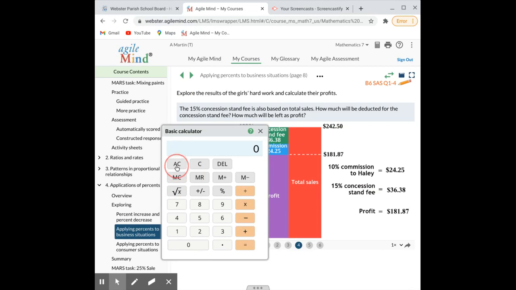So that's what we'll do. So to combine them, what operation would we do? Adding. Good. So we're going to add $24.25 and that's $60.63. And then we're going to take this from our $242.50. When I say take it from, that's our key that we need to do what operation? Subtract. Good.